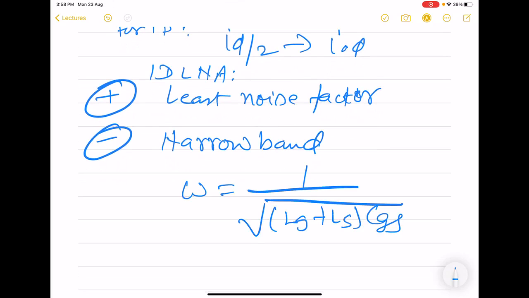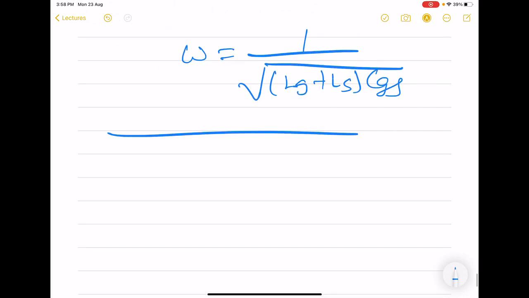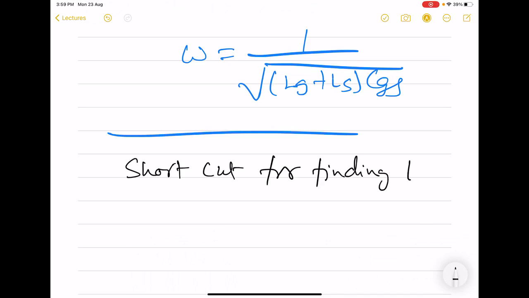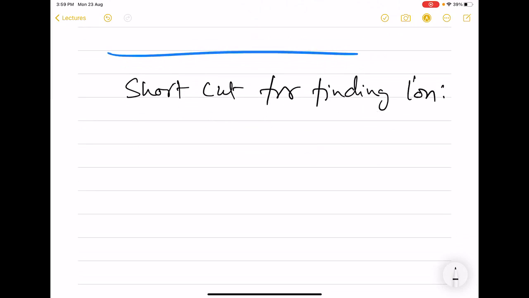Now I would like to point out one shortcut for finding ION current. We carried out the derivation in detail, but by noting that Zin is equal to Rs, and let me emphasize that we have carried out all derivation for this case only, that is why we got simpler expressions.